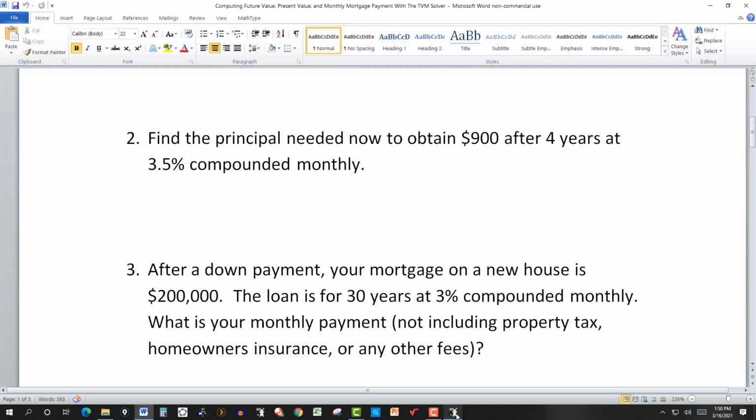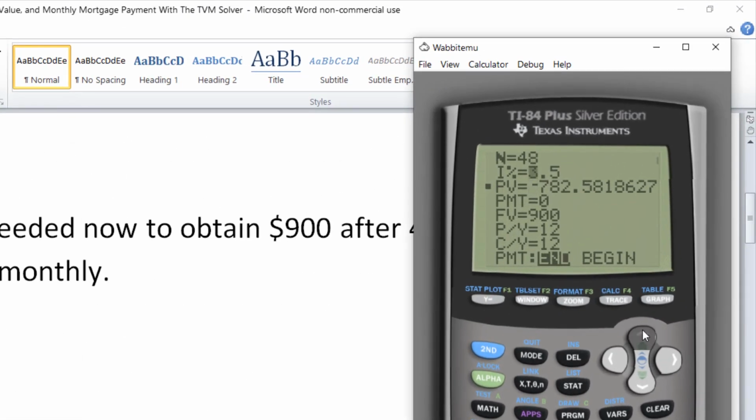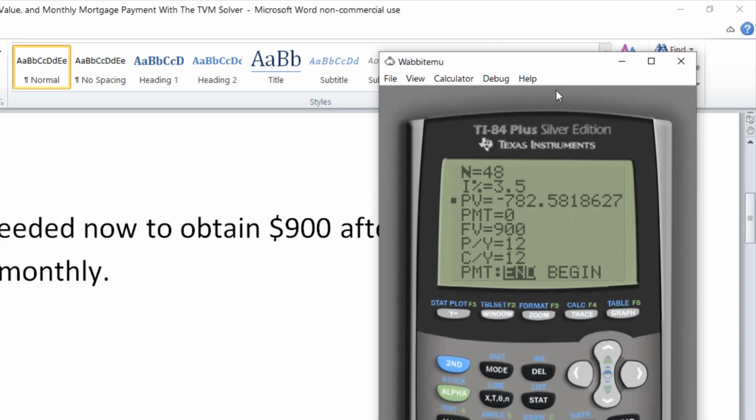I'll go to the calculator. I'm just going to enter the values over the previous values. This one's for 30 years, compounded monthly, 12 payments per year. To find the value of N, you take the number of years, 30, multiplied by the periods per year, 12, so that's going to be 360.